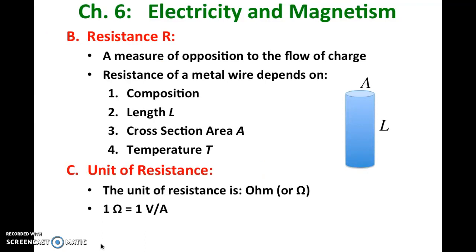The resistance of a metal wire depends on wire composition, length, cross-section area, and temperature. The unit of resistance is ohm, defined from volt per ampere. 1 ohm, the capital omega, equals 1 volt per ampere.